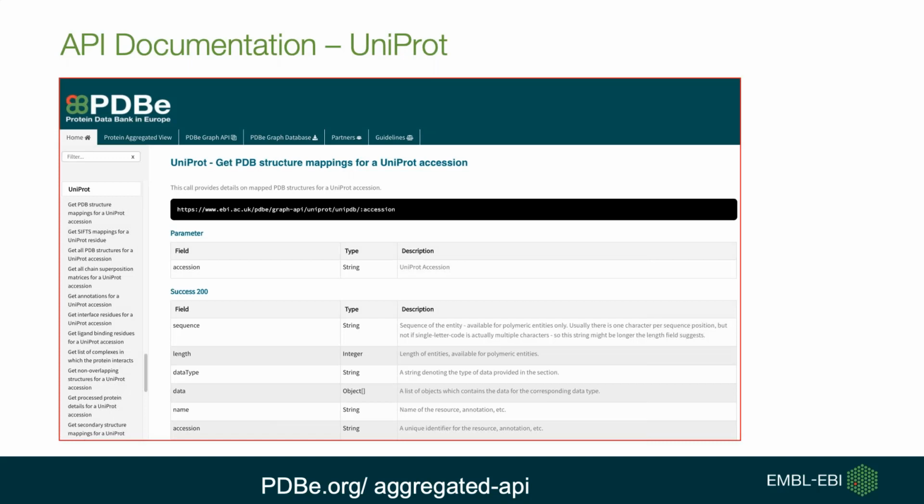And next is the UniProt category, which provides information for a UniProt accession. Most of these endpoints provide aggregated data across the relevant PDB entries which are mapped to the UniProt accession in the query. We'll see examples of some of these endpoints in a later slide.